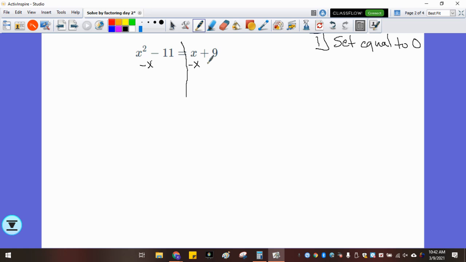I also have to move over the 9. It's a +9, so I'm going to subtract over the 9. X's cancel. And 9 minus 9 is 0.